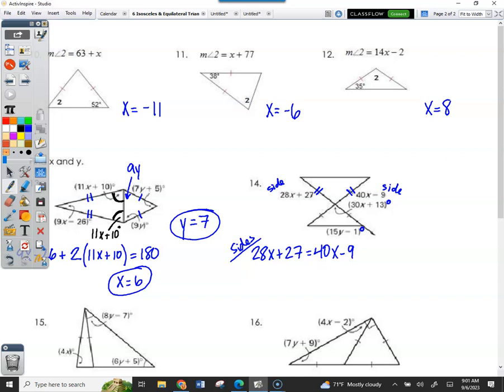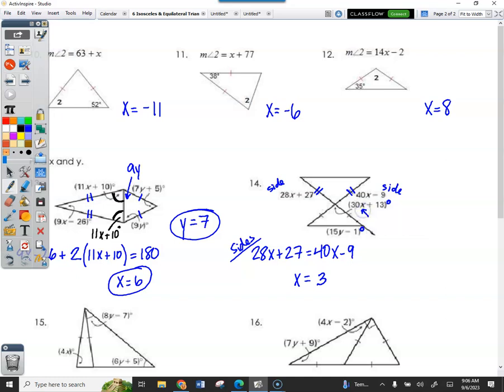Now, once I do that, I found x, which is then going to help me right here with this angle that has x in it. What'd you get for x? 3. And notice this angle right here has an x in it.